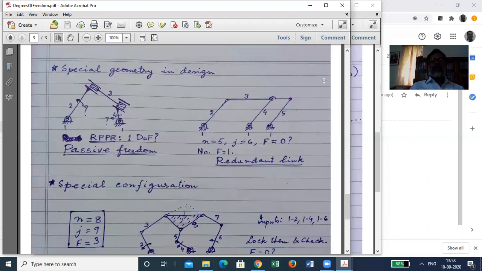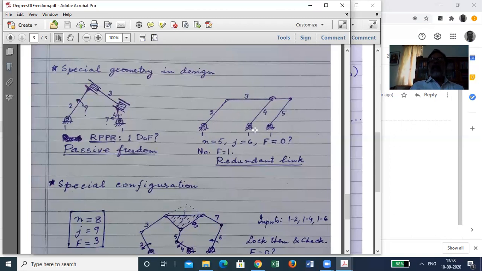Now come here. Here again, the design has been so special that you get a parallelogram constructed by links 1, 2, 3, 4.